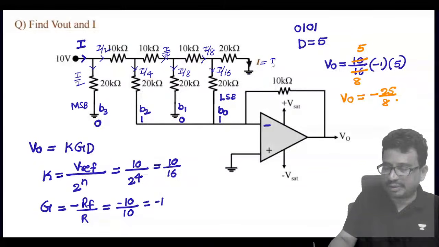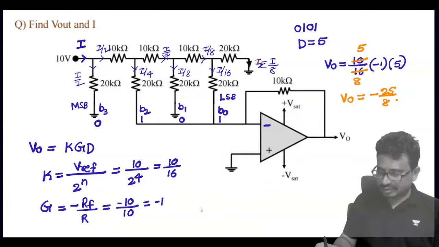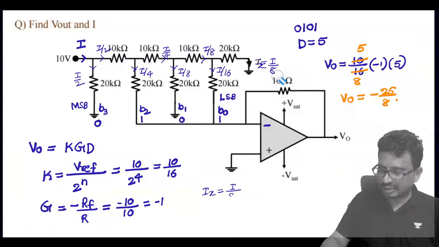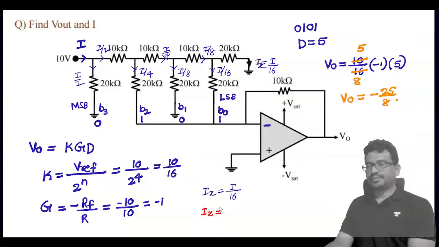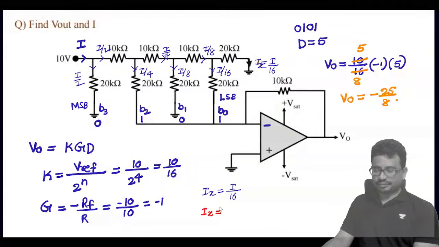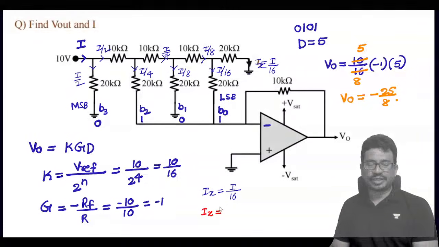So this I value, how much? If I call this Ix, which is equal to I by 16. Sorry, not 8 now, it is by 16. So Ix will come to be I by 16.